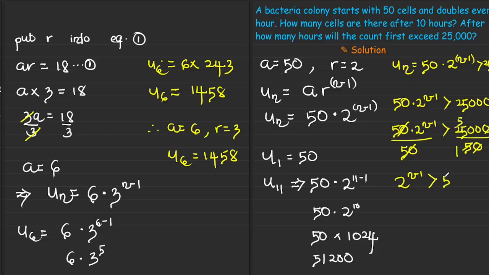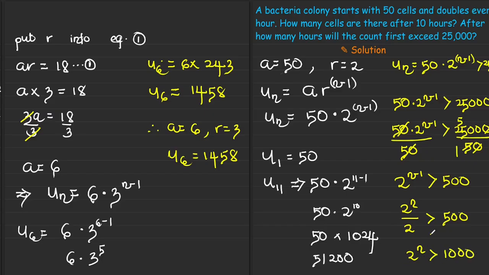We have 500. This is what we have. So making n the subject, we can open this up. So that becomes 2 to the power n over 2 greater than 500. Which can then be written as 2 to the power n is greater than, we are multiplying both sides by 2, and this is going to give us 1,000.